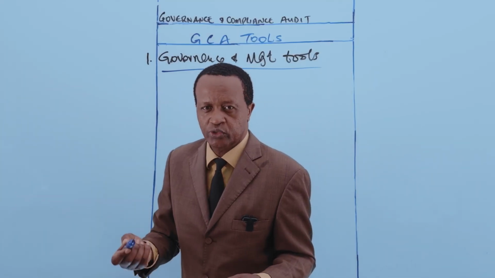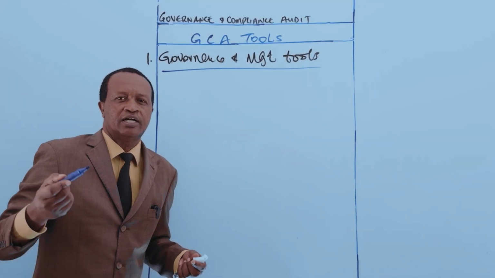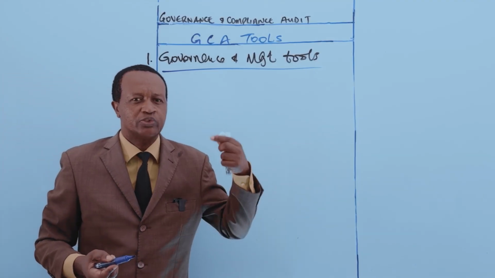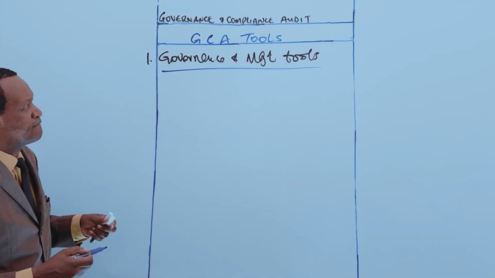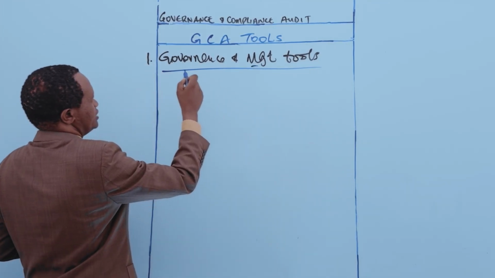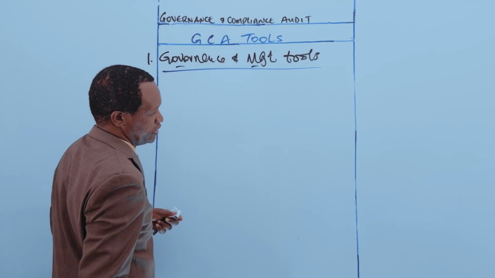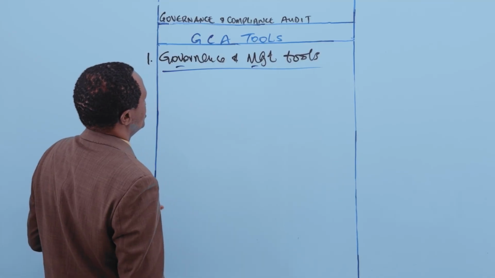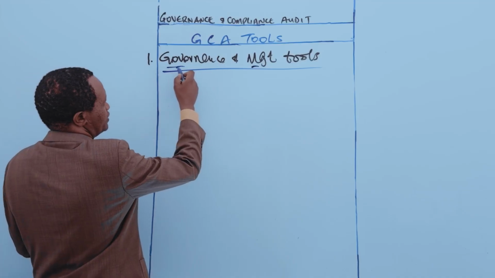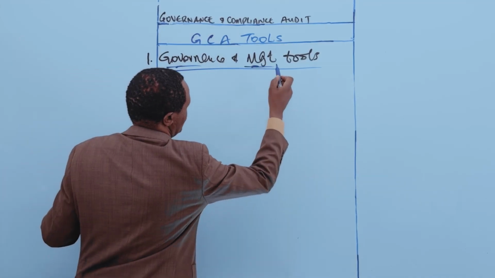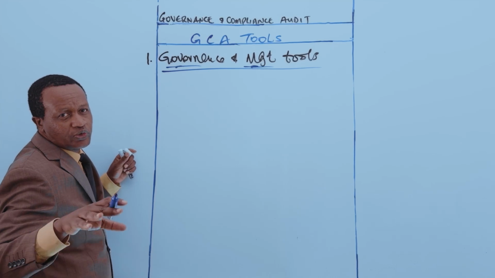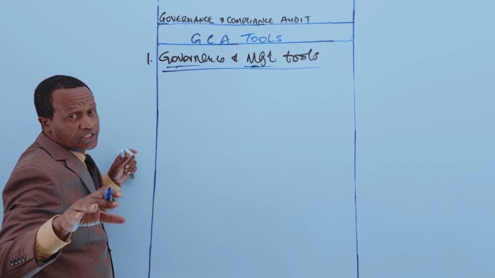These are tools that ensure that the board and the executive leadership are functioning according to their charters. That's why we have the term here, management. It is the board that is charged with the governance roles. Then there is a management. This is the board of directors and the executive leadership. So these are what we are calling the tools that focus on the structural side of the audit.